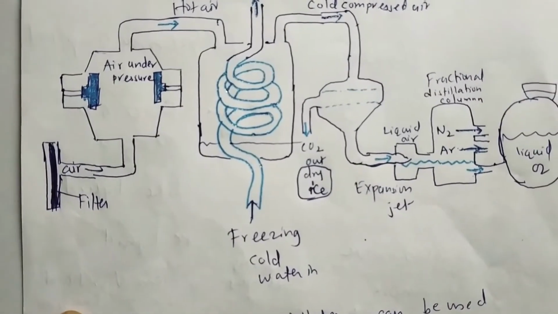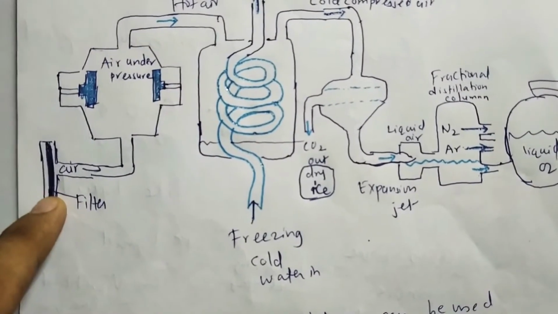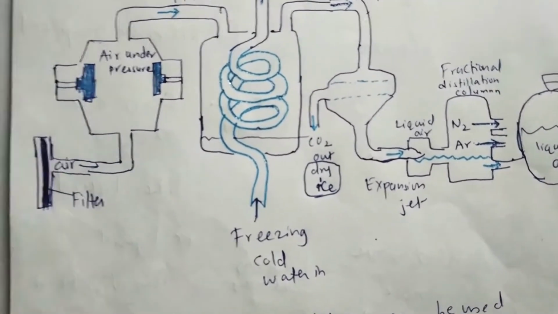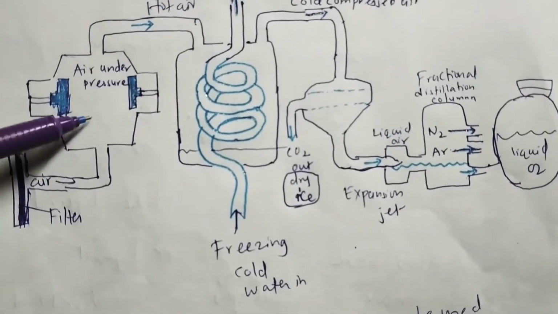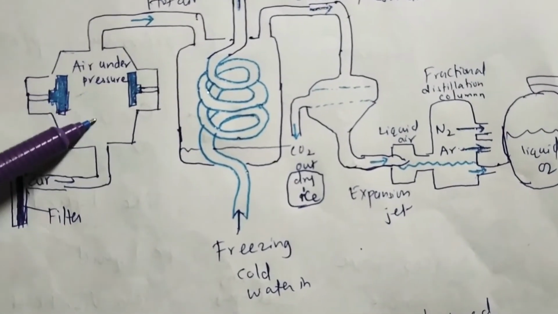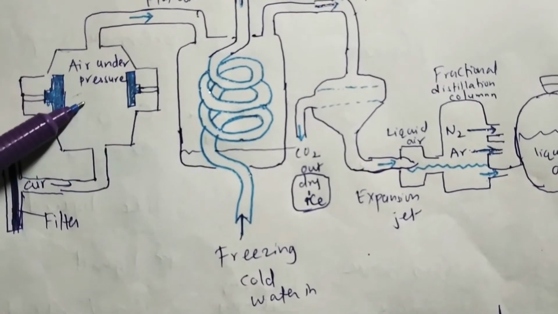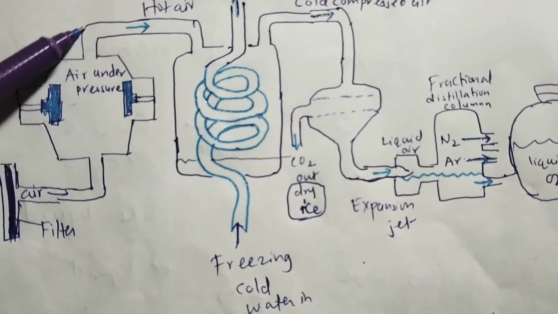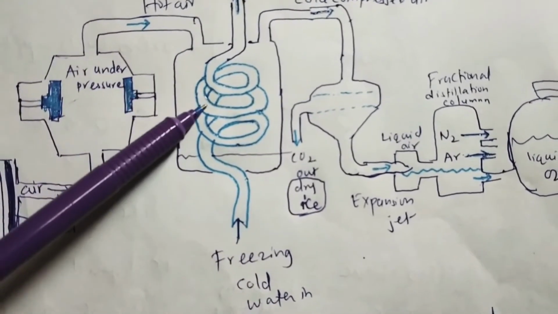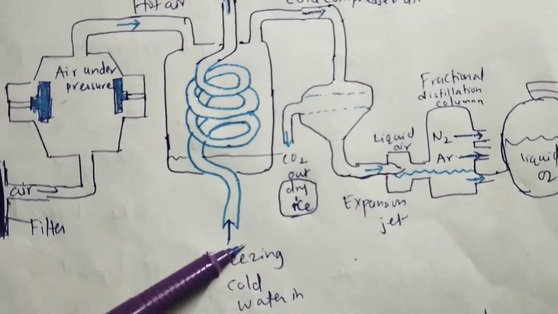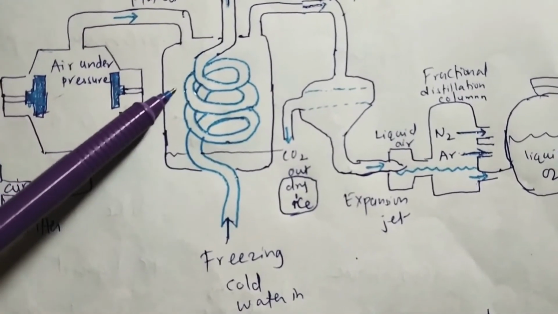Air will pass through the filter, and will go inside this compartment, where the air will be pressurized. It will be compressed, and the normal warm air will pass into this chamber, where we pass freezing cold water to cool the air.